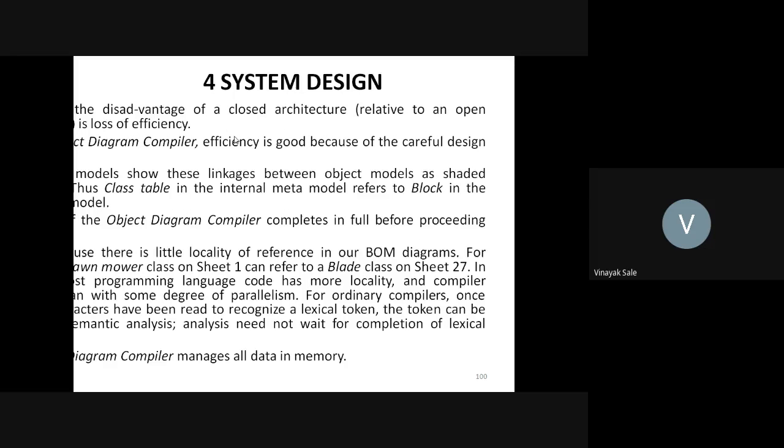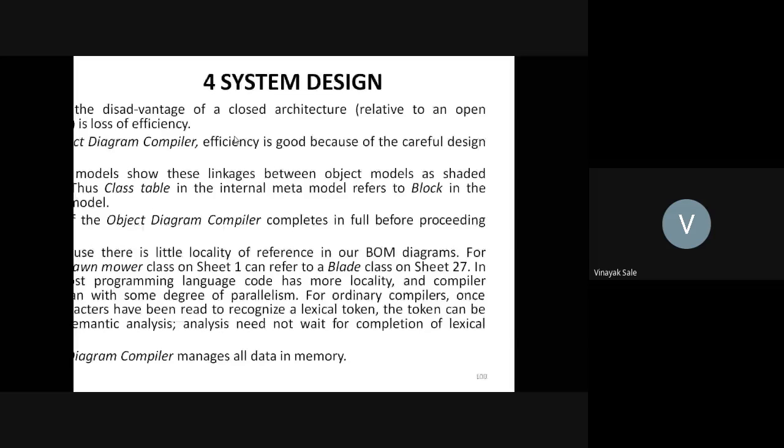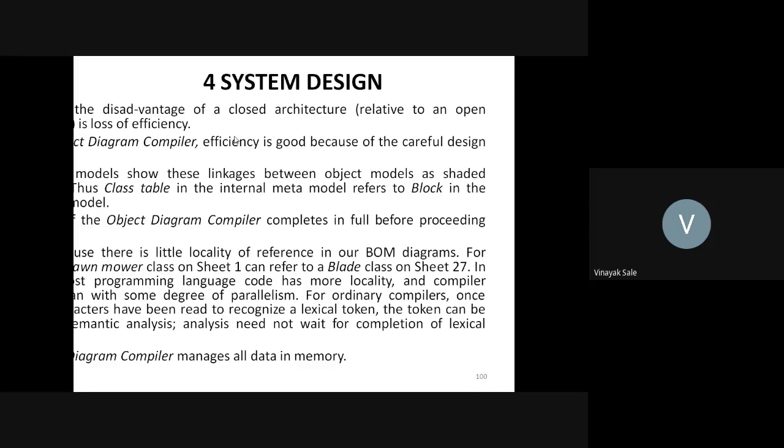The disadvantage of closed architecture relative to open is loss of efficiency. The object diagram compiler efficiency is good because of the careful design of models, and this shows the linkage between object models as shaded. Thus, a class table in the internal meta model refers to the block in the model.